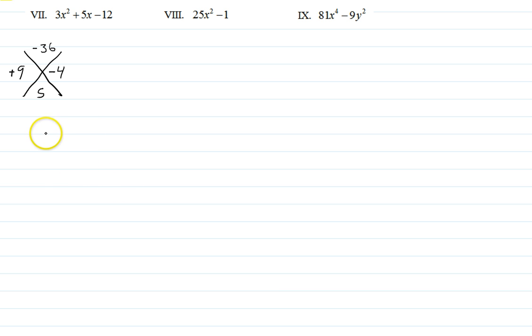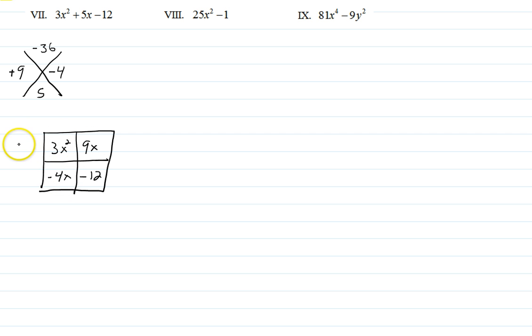Now let's go to the box. First number goes in the first box. Last number goes in the last box. Notice you put the sign. And then my answers go in the remaining boxes with an X. So the small number can go into the big number. So I can take out a 3. They both have X's.